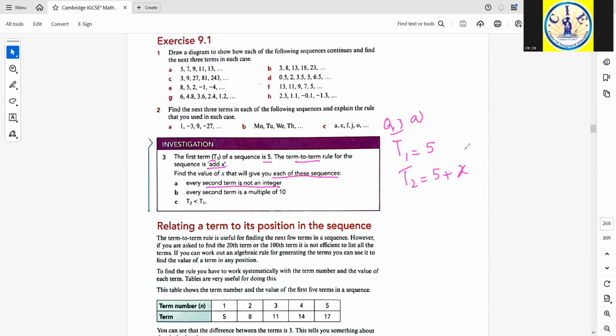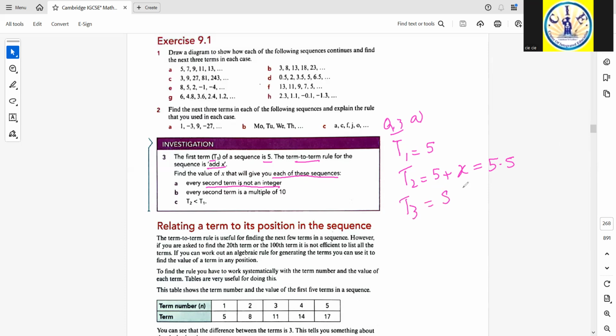For example, if we add half to it, that would give me 5.5. Now this is not an integer. And then if I add 0.5 to it, it would become 6. That is an integer. So the second term is not an integer. The third one is an integer.